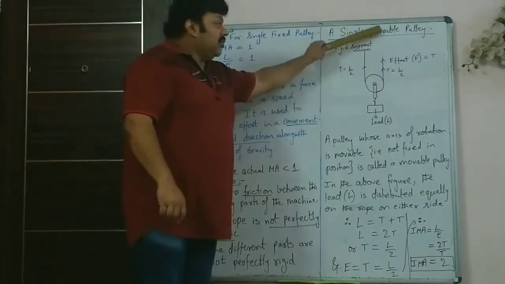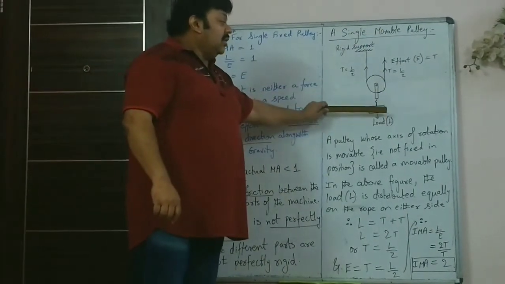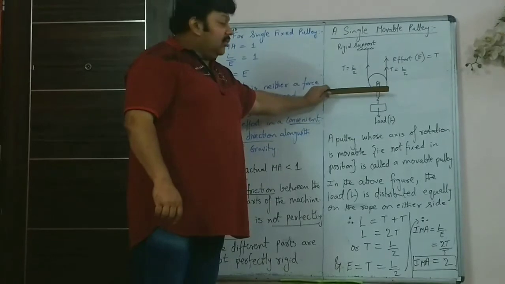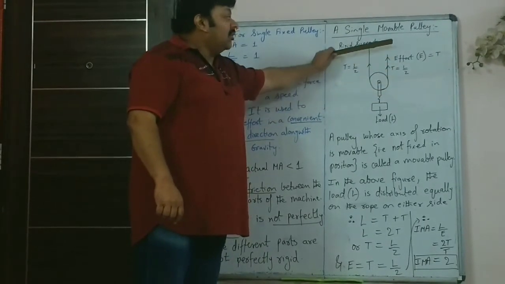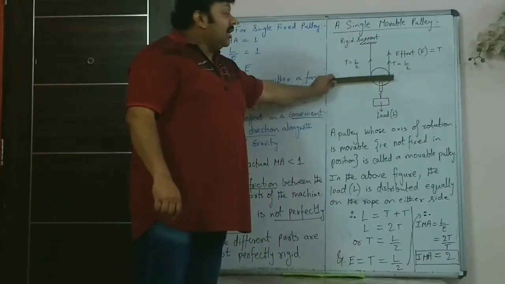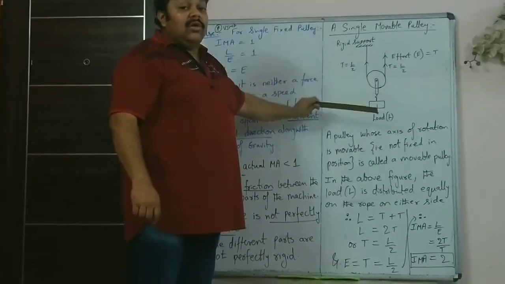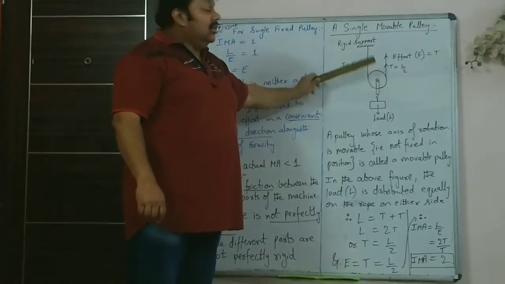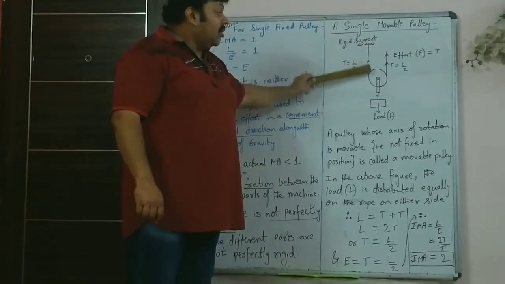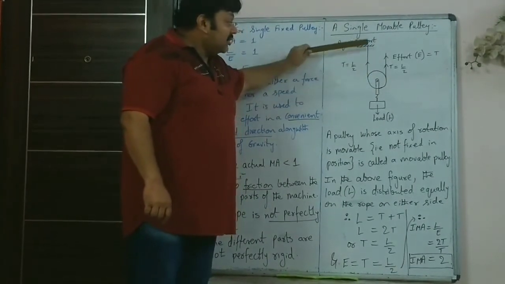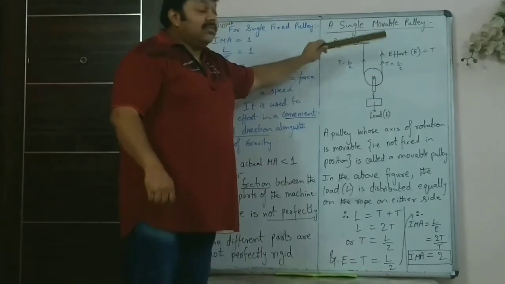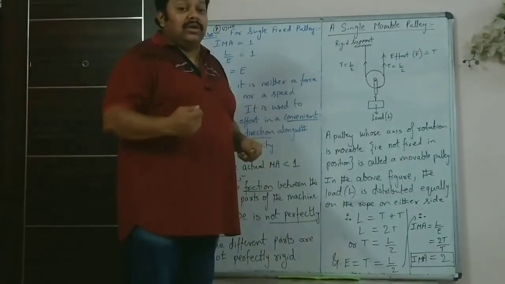When someone pulls up from there, it's not the load alone that moves up, but along with the load, even the pulley comes up. So that is why the load and pulley are both free to move. So it is called a movable pulley. One end is fixed to a rope, so this rope acts as a support, and this rope, the other person is pulling it up.